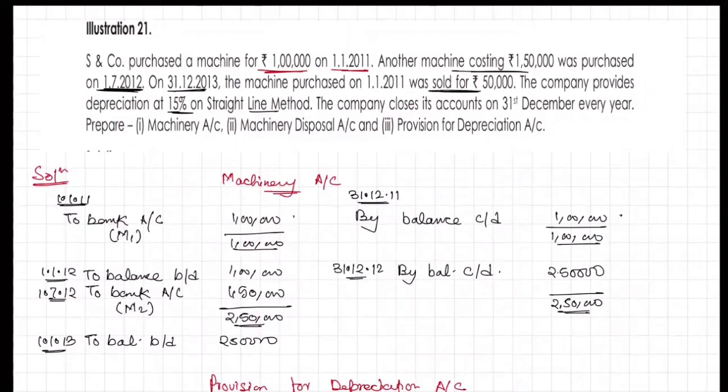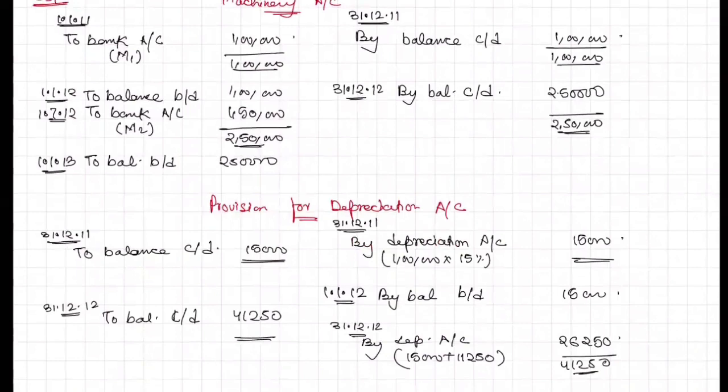On 31st 12 2013. So see, is there any other value which has been reflected? Means any depreciated value? No. So this M1 is being sold. So we know we have to transfer this to machinery disposal account. So what we'll do, 31st 12 13 will write by machinery disposal account of 1 lakh rupees only.